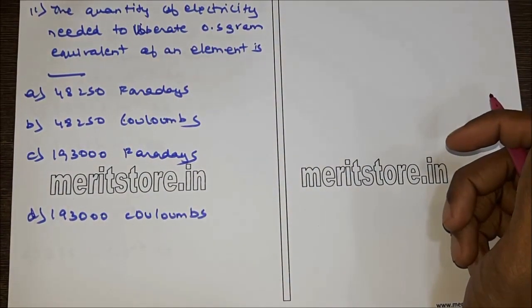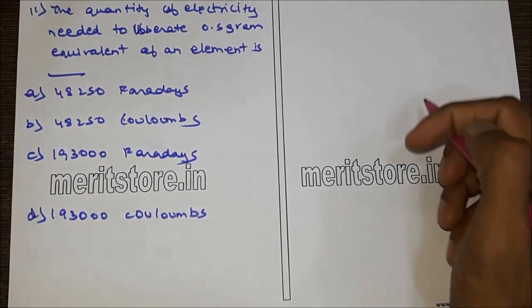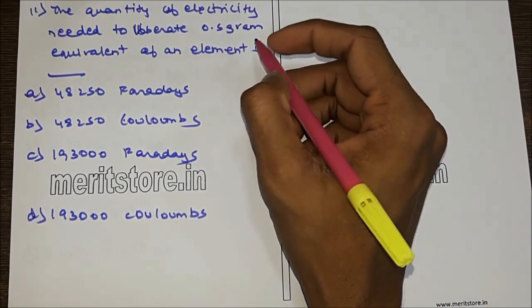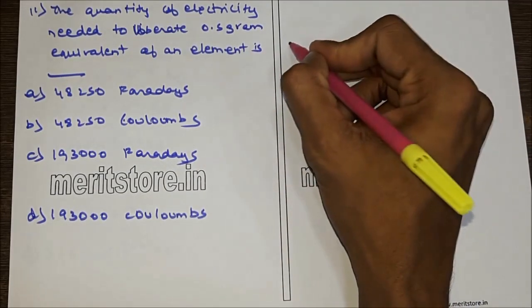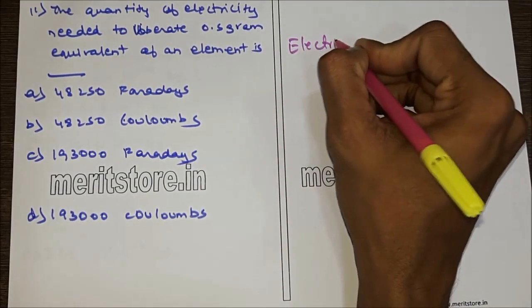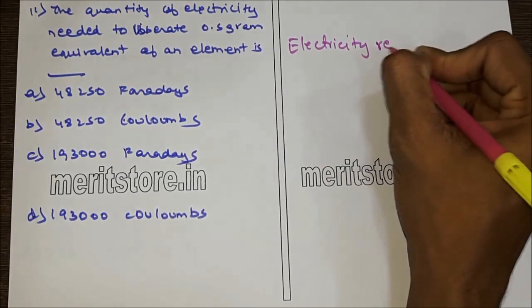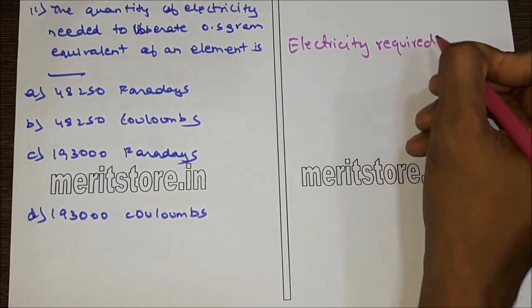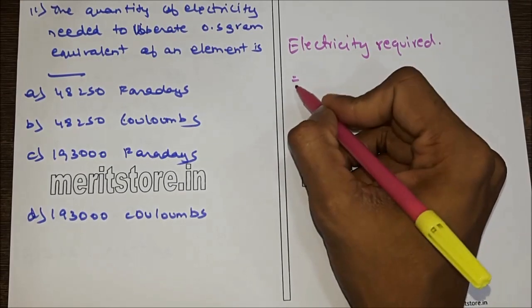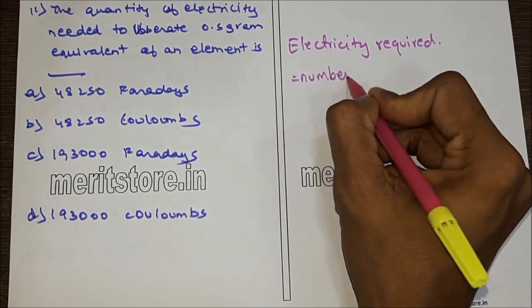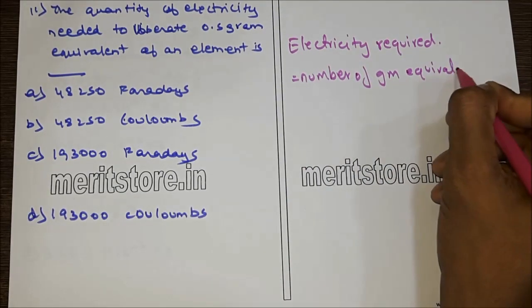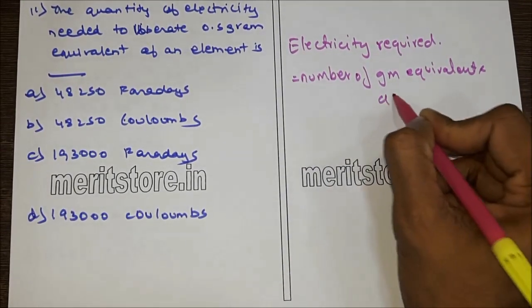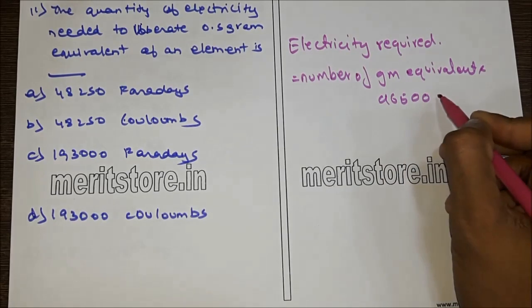Question 11. The quantity of electricity needed to liberate 0.5 gram equivalent of an element is, we are given four options. Electricity required is equal to number of gram equivalents into 96,500 coulombs.